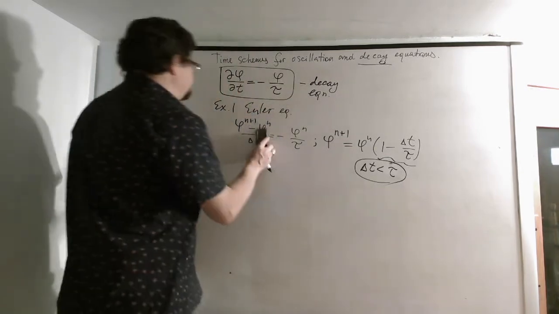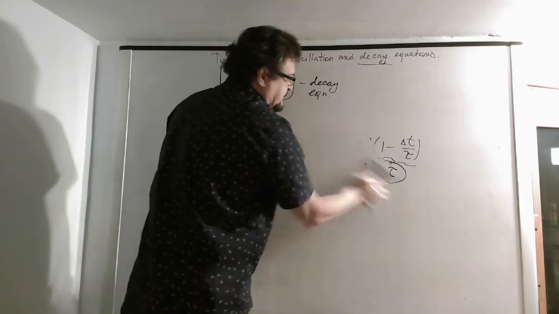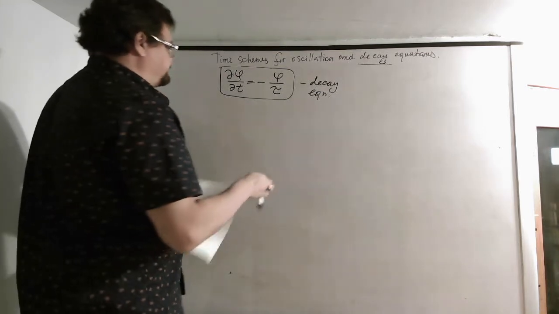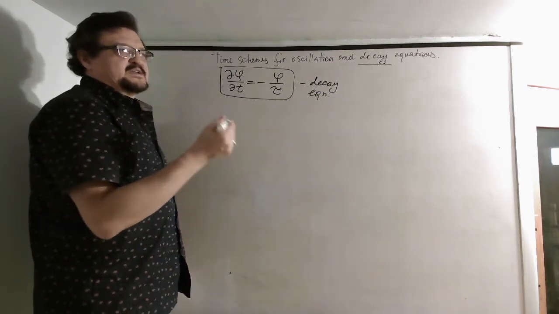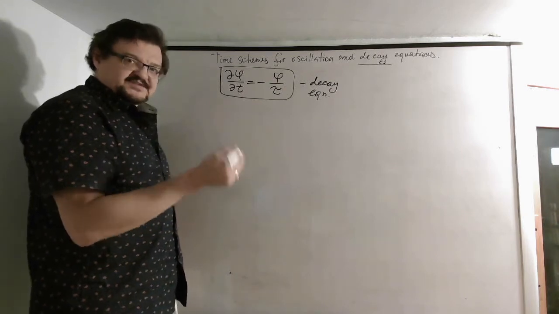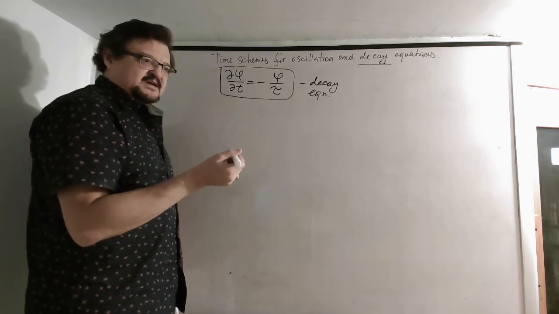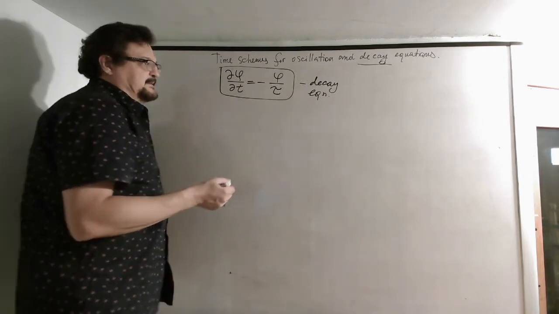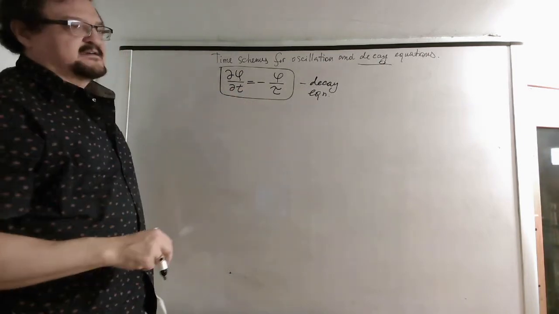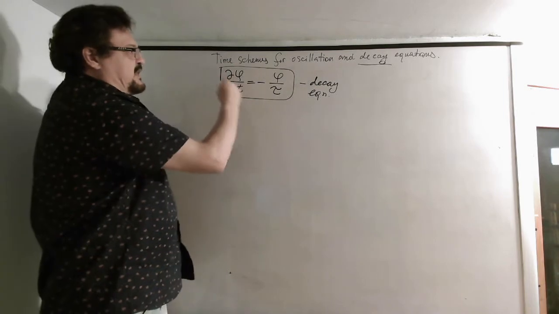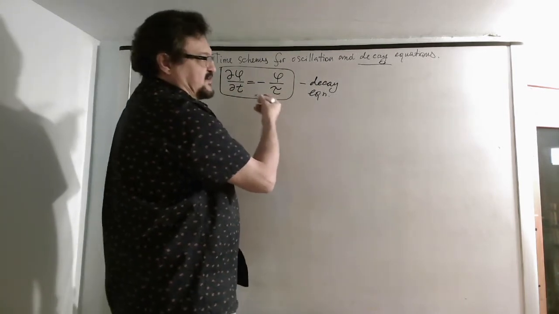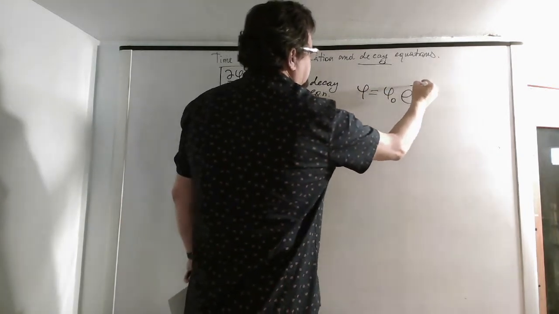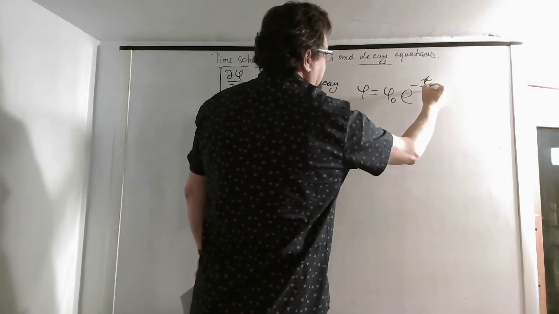Okay, that's nice. Let's consider another example, the implicit scheme. You see that for Euler we can use it. It's not unstable, but there is a stability criterion: delta t cannot be larger than our decay time. And why is it decay? I didn't mention it, but the analytical solution of this equation is φ equals some initial φ times e to the power minus t divided by tau.